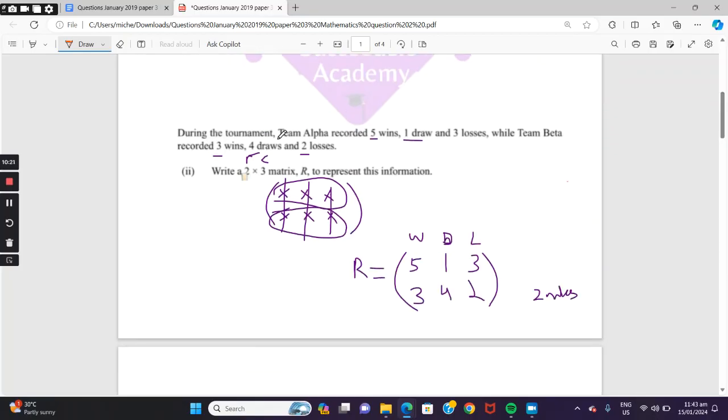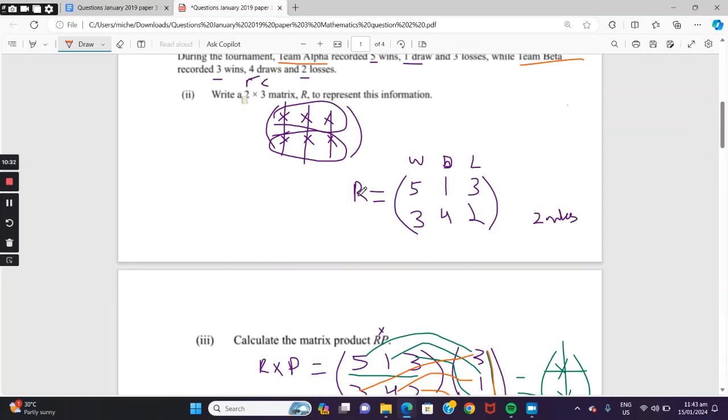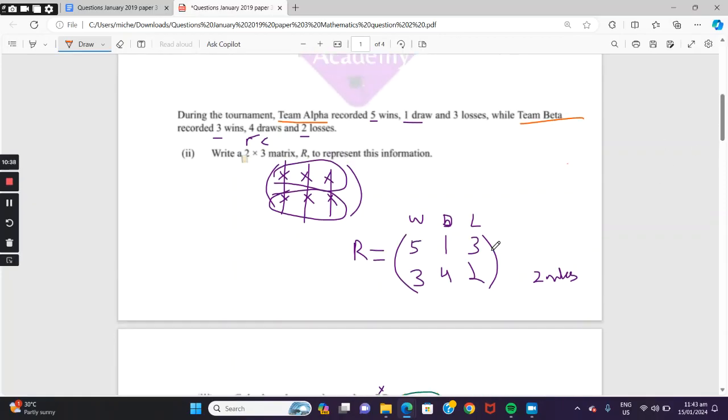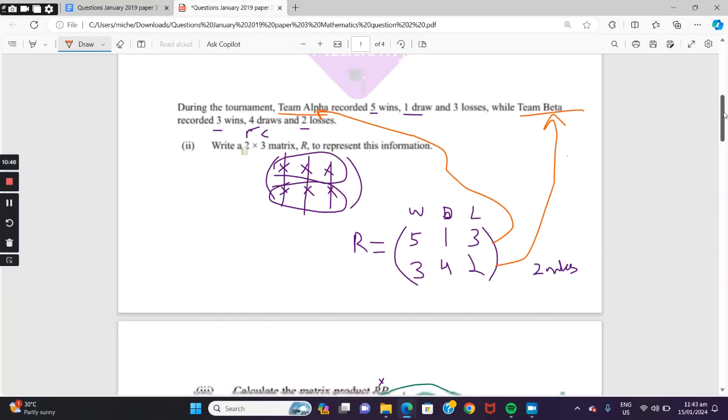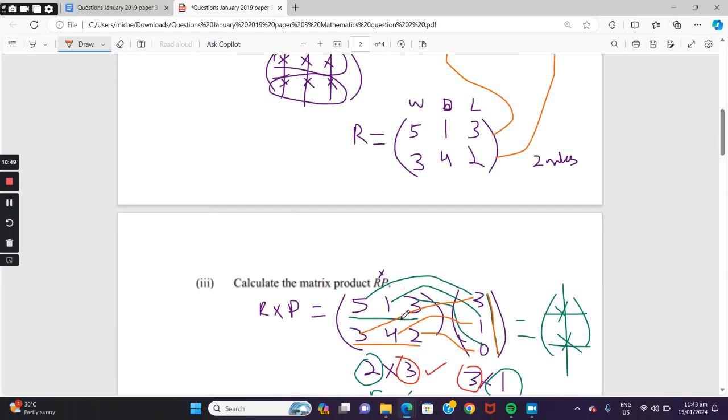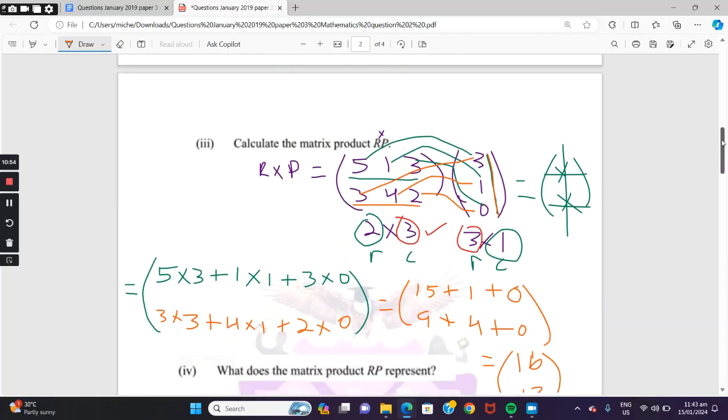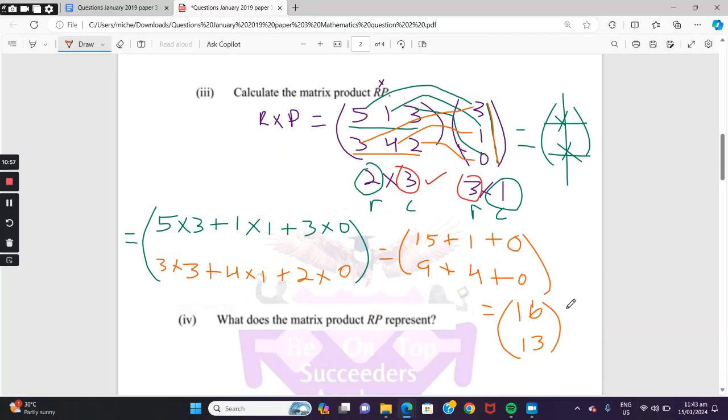Then they introduced us to team alpha and team beta, and they gave us their wins, draws, losses. Now, when you multiply matrix R, which had the numbers in the top row as team alpha's information, the numbers in the bottom row as team beta's information, by matrix P, which is the points, it will give you the points for each team. So the 16 will represent team alpha.